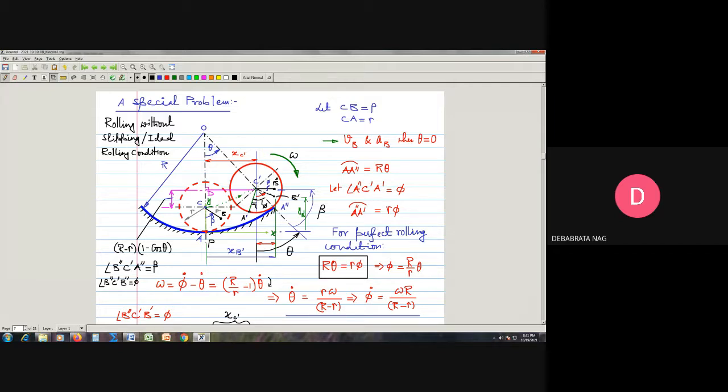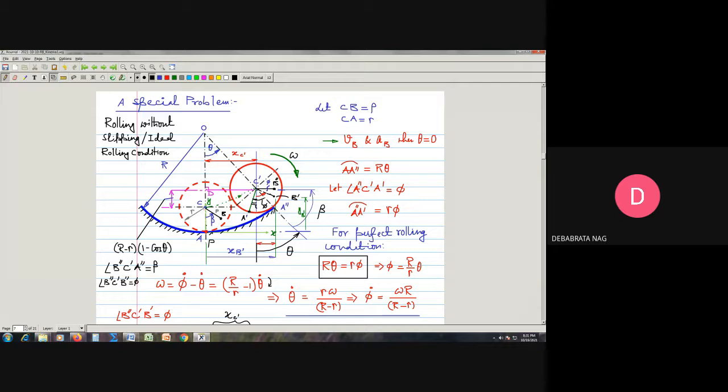So without slipping means that at this point A, there should not be any variation in the magnitude of the velocity when I am considering A to be part of this outer circular surface and when I am considering it to be part of this rolling body. Since it belongs to this outer surface, which is static, its velocity must be 0. So it means that on the rolling body also its velocity must be equal to 0.